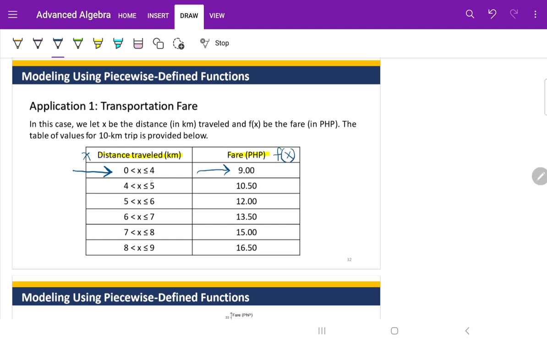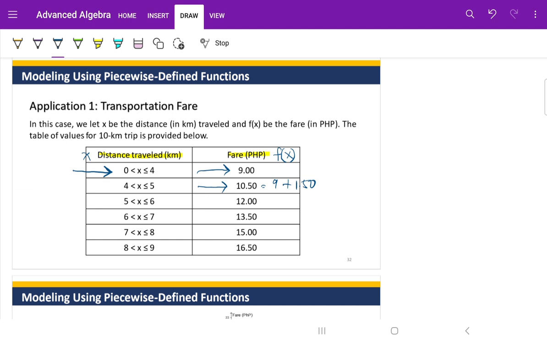But if your trip exceeds 4 kilometers but not exceeding 5 kilometers, then you will pay 9 pesos plus the additional 1.50 pesos. That is why you are going to pay a total amount of 10 pesos and 50 centavos.